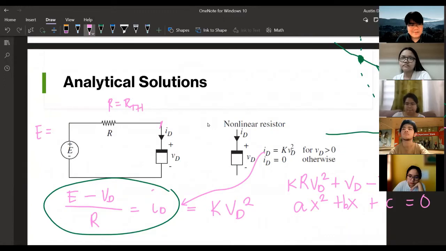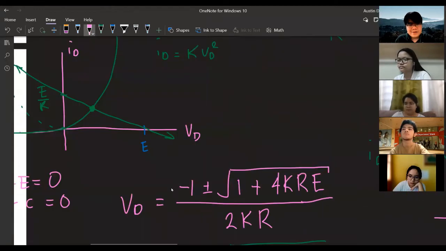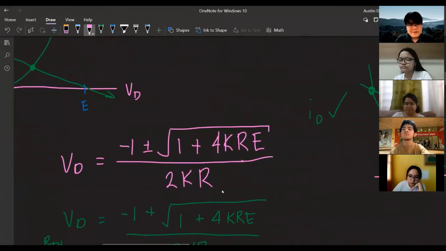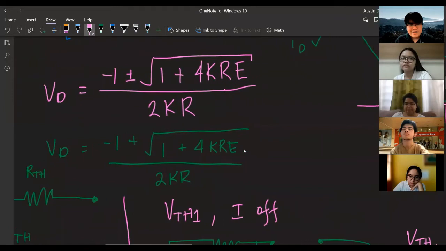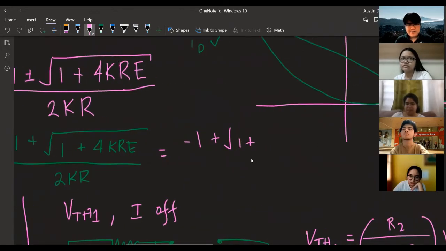So, same circuit, same solution. VTH. Okay. So, itong solution natin, papalitan mo lang si E ng VTH. Magiging negative 1 plus 1 plus 4K RTH, VTH.